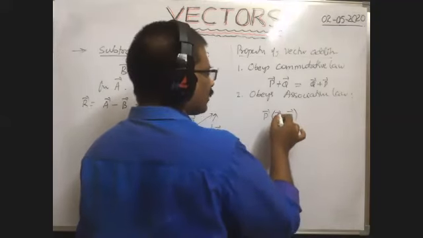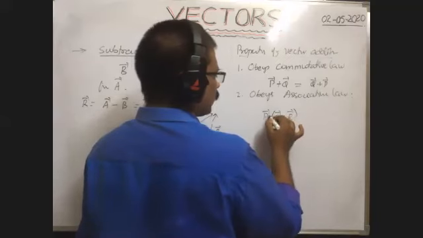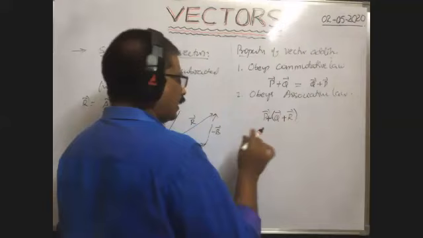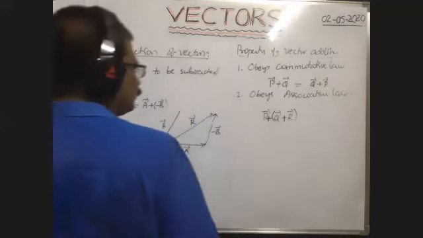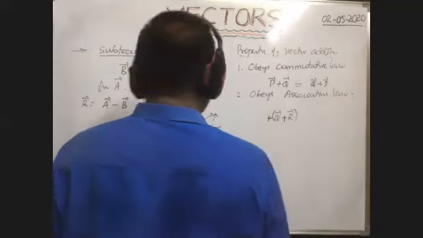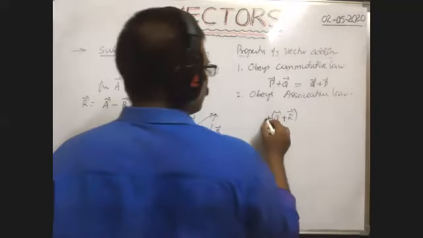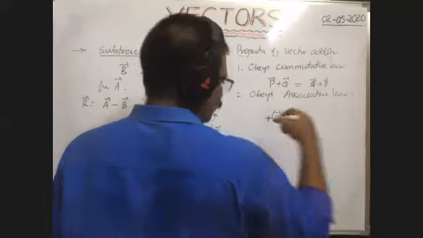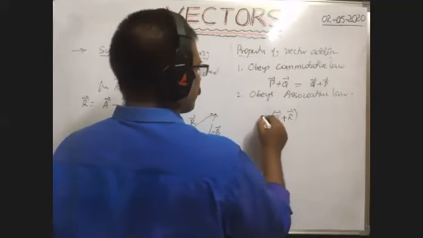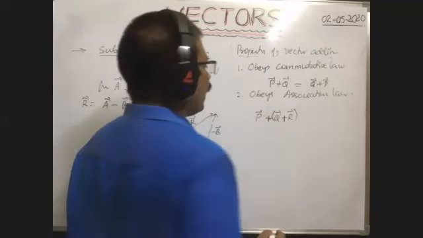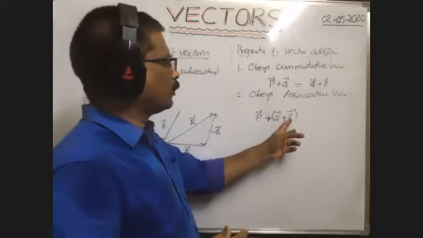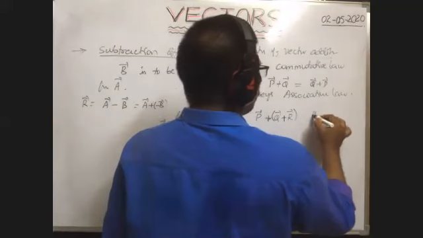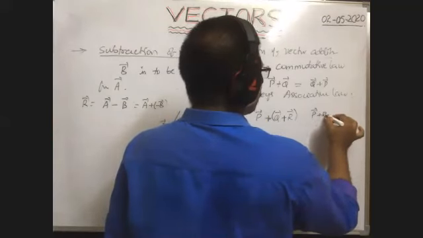When you add the resultant of Q bar and R bar to P bar, or the resultant of P bar and R bar, meaning P bar plus R bar.